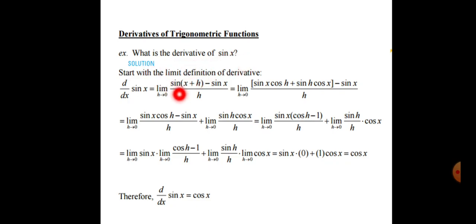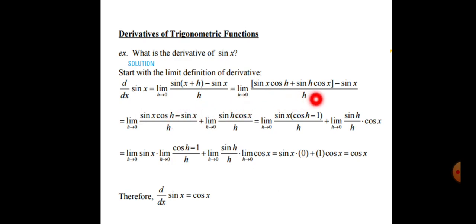Instead of x, you have to write x plus h. Now, we have a rule for sine of x plus h: sine x cosine h plus sine h cosine x, minus sine x, over h, when h approaches 0.